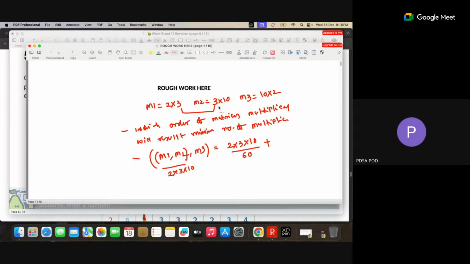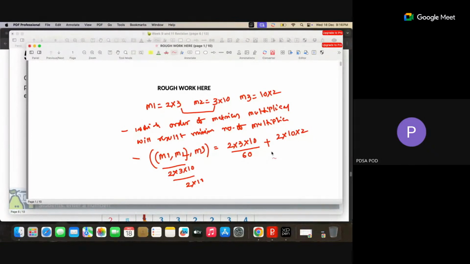Now whatever result we got, the matrix size is 2 into 10. Multiplying that with M3, 10 into 2, gives 2 into 10 into 2.